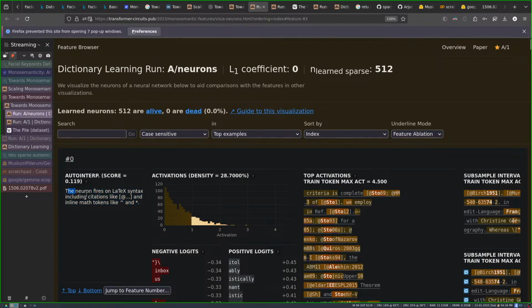Okay, so they defined when this neuron activates, right? Top activations.